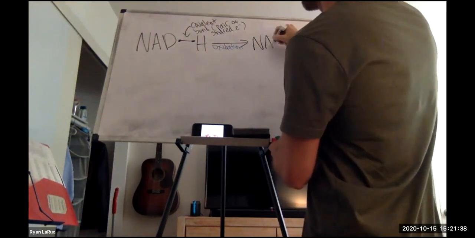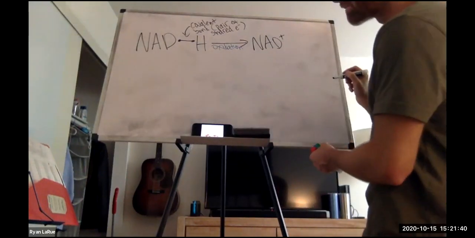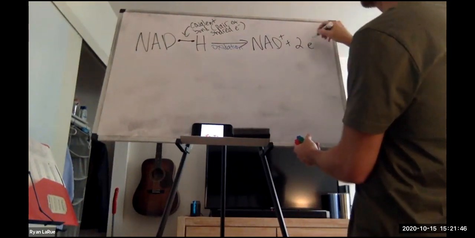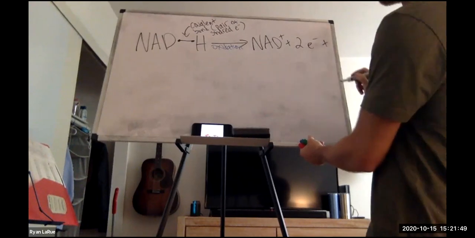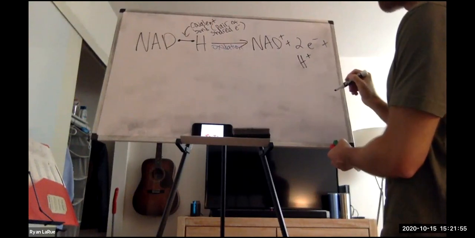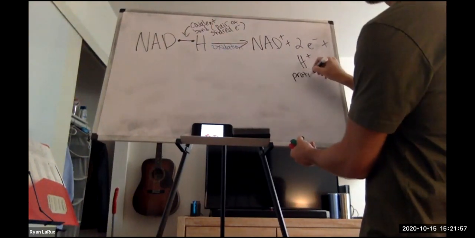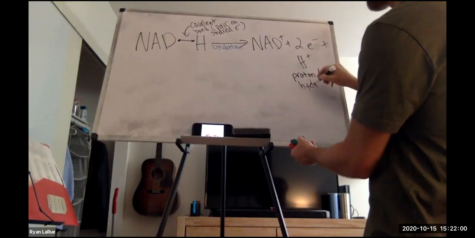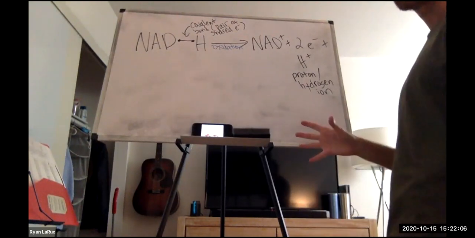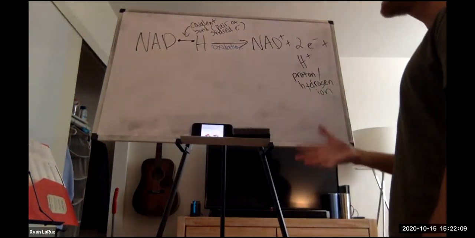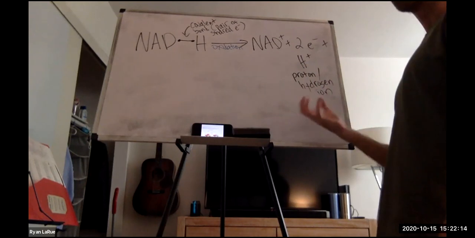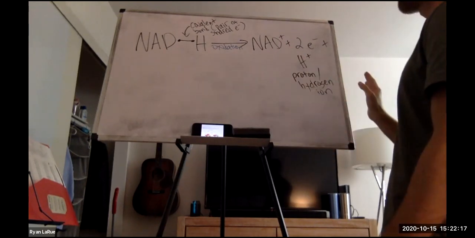It becomes NAD with a plus charge plus 2 electrons, so 2e minus, plus the H, right? Which has a plus charge. So this would be a proton or hydrogen ion, positive hydrogen ion, either way. So when I oxidize a molecule, any molecule during cellular respiration, I remove hydrogen and I remove electrons with it, just like that.